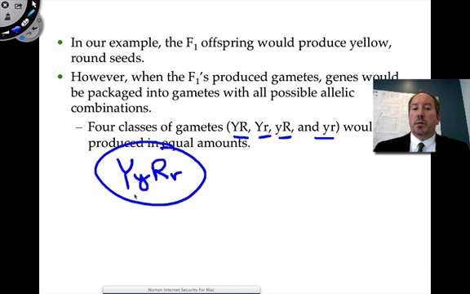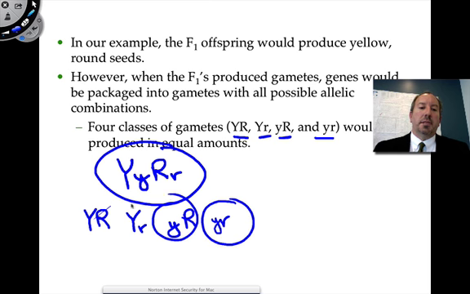We call this dihybrid. When this segregates during meiosis, you get big Y going into one gamete, and obviously no little y because they segregate. So you get big Y, big R. You can get big Y, little r, little y, big R, and little y, little r. So you get 4 gametes from this plant.